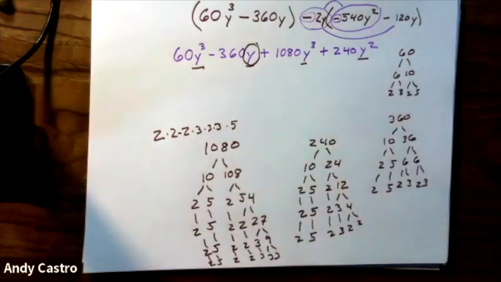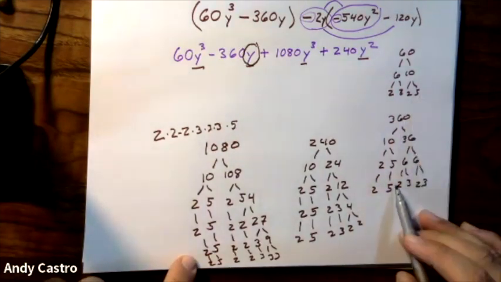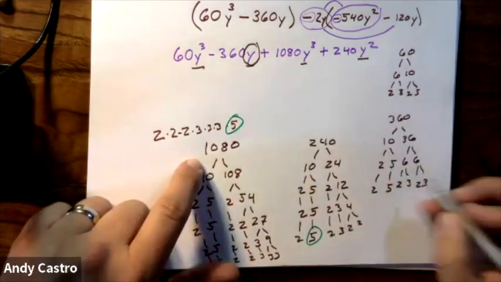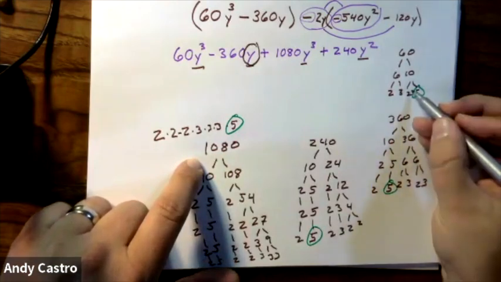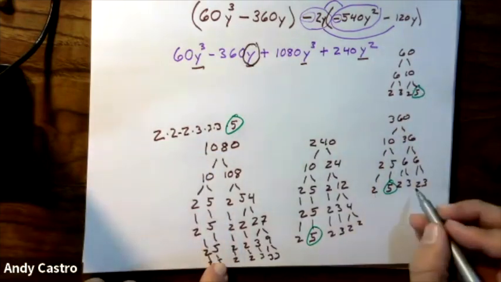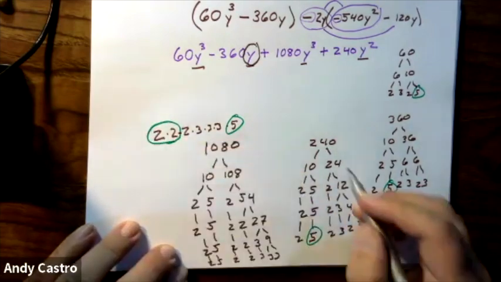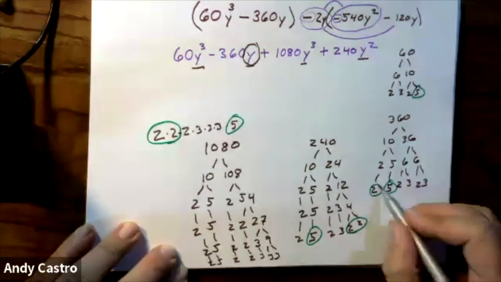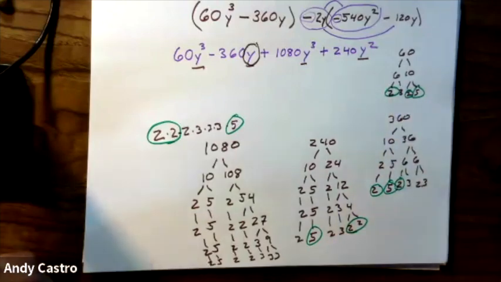All right. So let's see what we've got in common. Well, let's see. I've got a 5, 5, 5, 5. So they each have a 5. Looks like they each have at least, do they all have 2 2s? 2 2 there, 2 2. Yep. So I've got 2 2s. Does each of them have a 3?